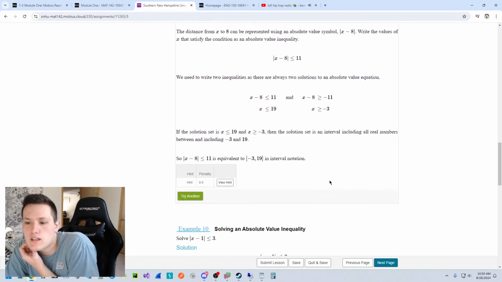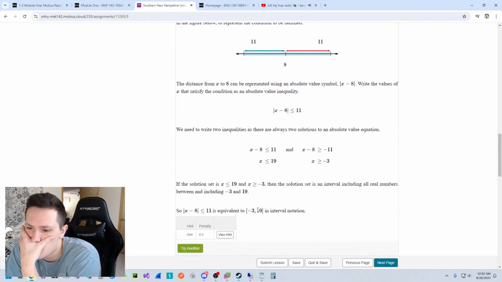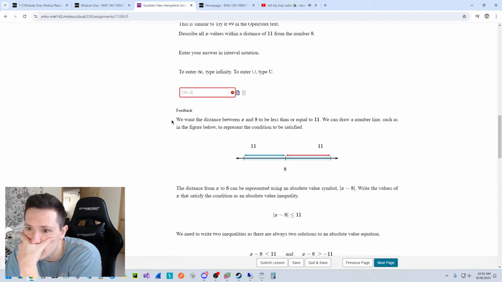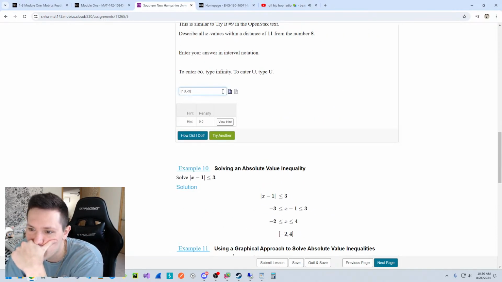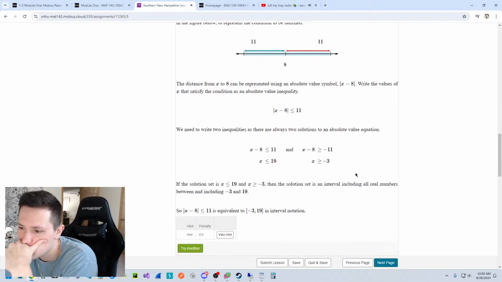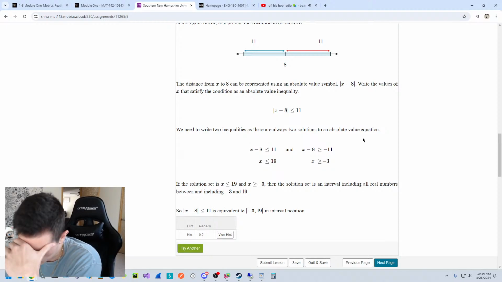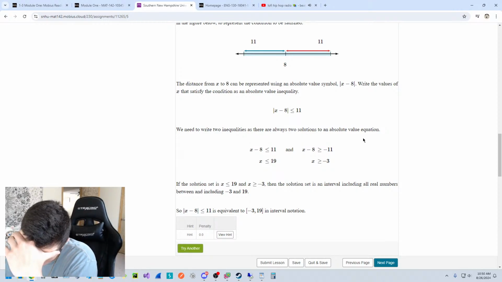No way. What did I do wrong? Negative 3 and 19. So I'm not flipping it?